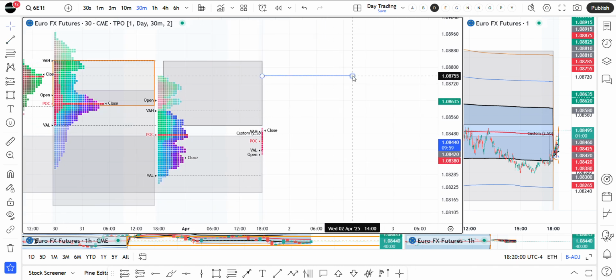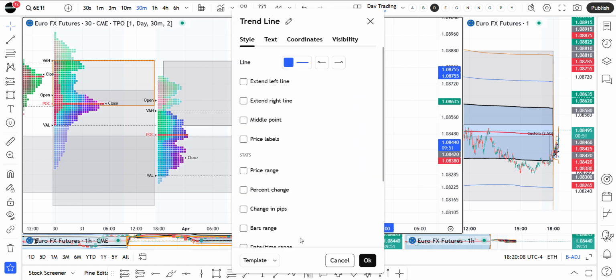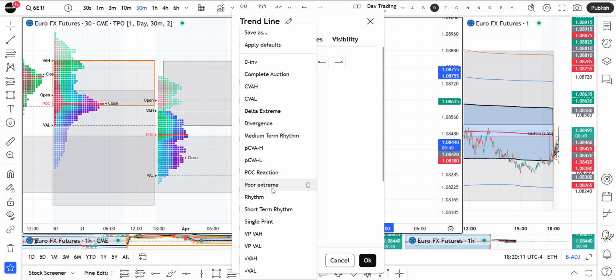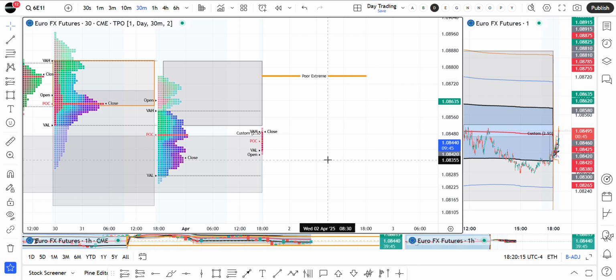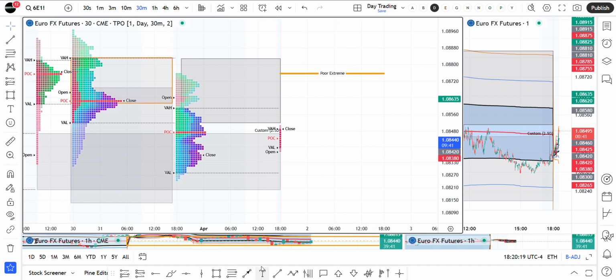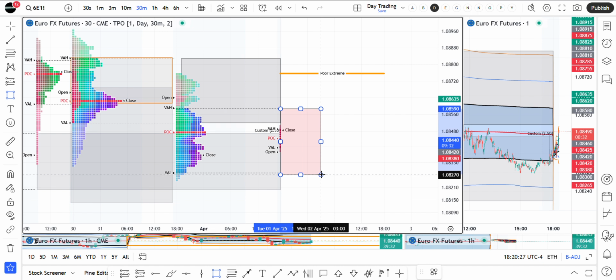That could be a short-term target. And you want to be trading towards poor highs and away from complete auctions. So this is value area high, down to value area low.